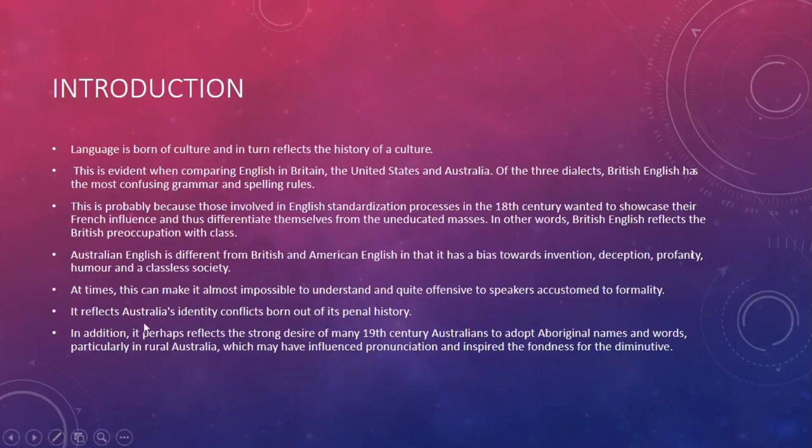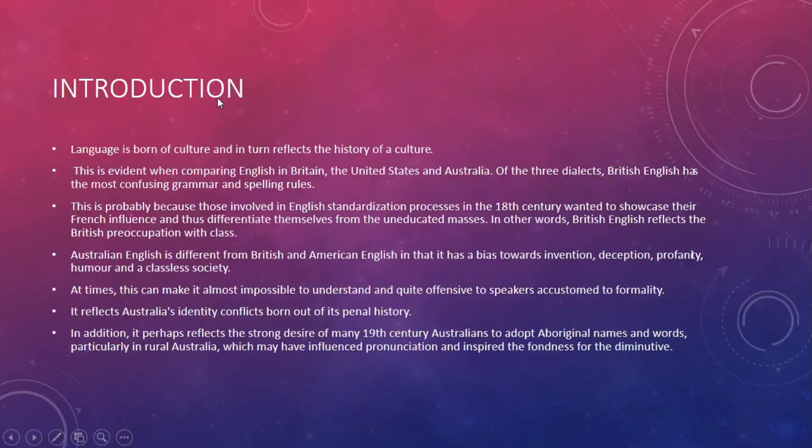This Australian English actually reflects Australia's identity conflicts born out of its penal history. So Australia was actually a penal colony. It was an island, a continent, where criminals from Britain were deported. So because of this history, there were a lot of criminals in Australia.